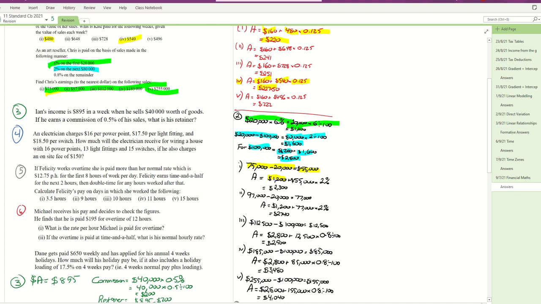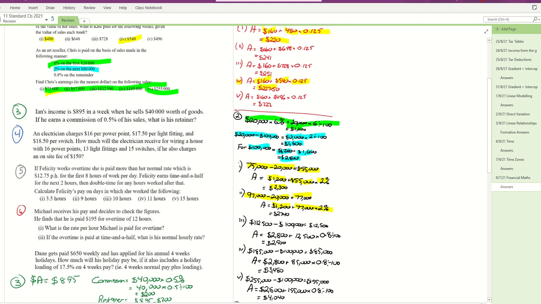So we're paid $1,200 for the first 20,000, and then 55,000 times 2%, 2 divided by 100. Add them together, and we get $2,300. My next question is exactly the same. $97,000 is also under 100,000, so I'm using the same working. I've got my amount for the first 20,000, and then I've subtracted 20,000 from 97,000 to get 77,000, and multiplied that out.